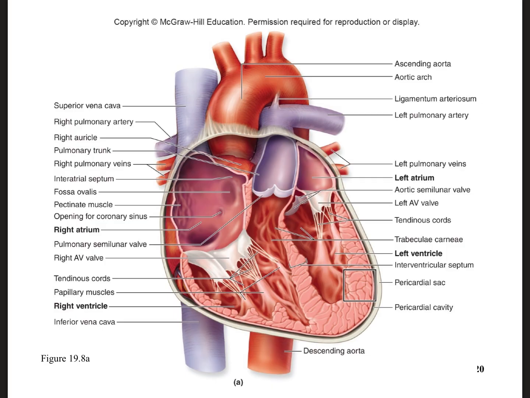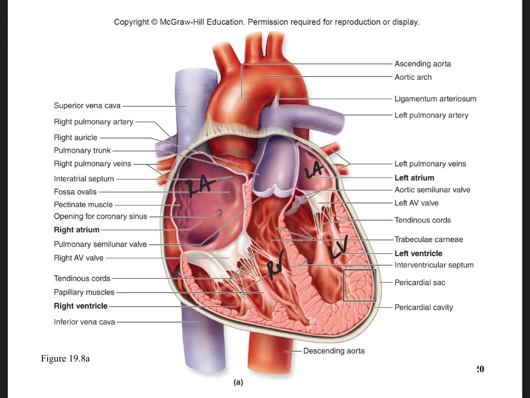On the interior surface, we know we have valves. We're going to look at some special structures inside the heart. So we have the right atrium, right ventricle, left atrium, left ventricle. What's the purpose of a valve? To prevent backflow.